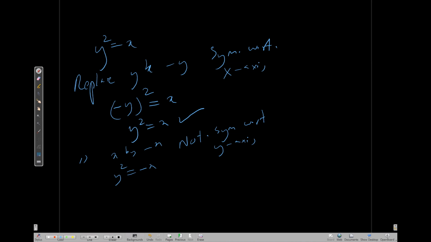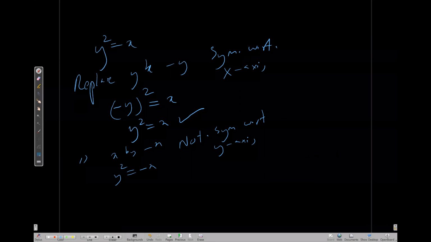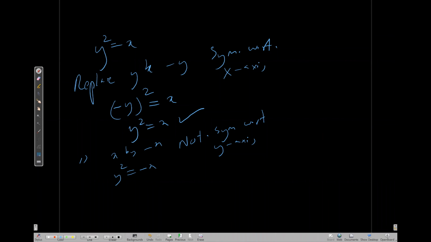So when I replace both, see, this replacing both story is not equivalent to replacing each separately. What I'm trying to say here is, at this point, you cannot conclude from the earlier results, it's better to do it again, because replacing both means replacing both at the same time. What you earlier did was you replaced y by negative y, not x in the first case here.